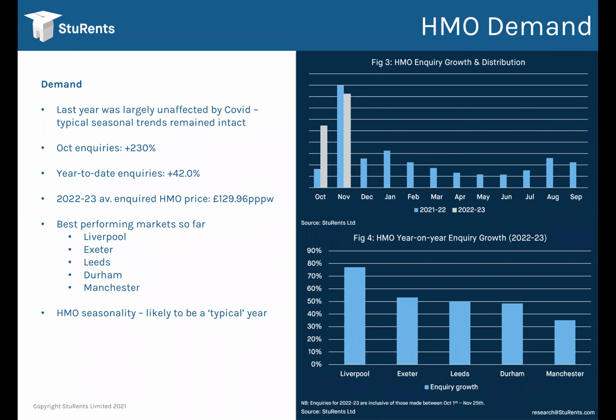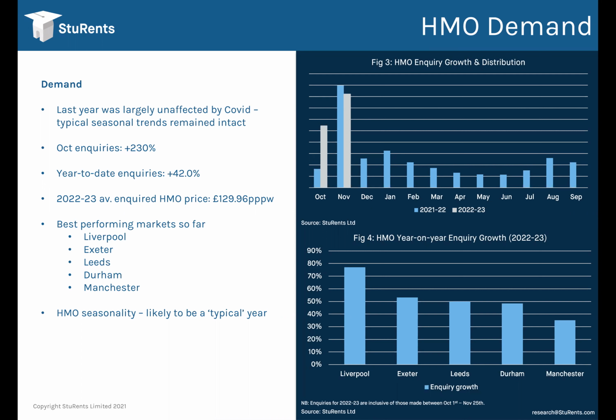In Exeter, for a point of comparison, that's 53%, Leeds 50%, Durham 49%, and Manchester 35%. So those markets on face value are appearing very strong with regards to HMO demand. But again, we'll need to see how that plays out for the rest of the season. What is worth noting is that those locations have historically had strong domestic demand growth, and that appears to be filtering down into underlying demand for accommodation.